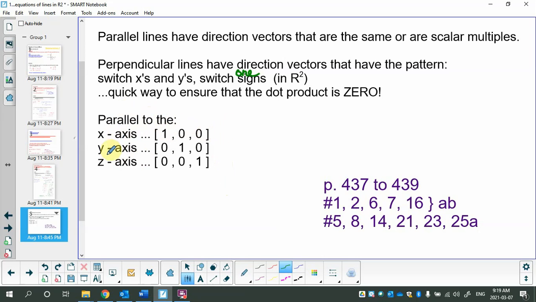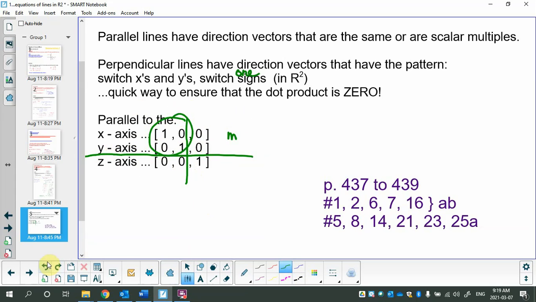Parallel to the y-axis in 3 space is 0, 1, 0, and a vector parallel to the z-axis in 3 space is 0, 0, 1. Now, I just finished a note on 2 space. So there. This is the information you need about direction vectors parallel to those axes.